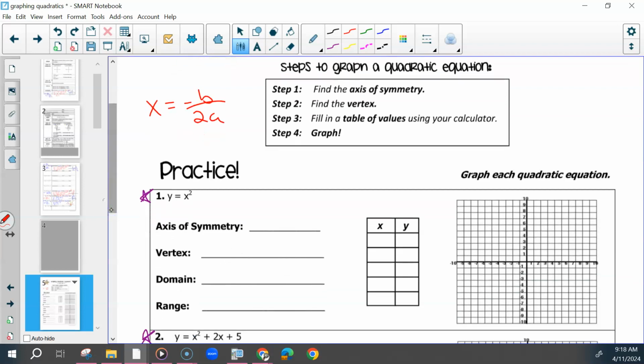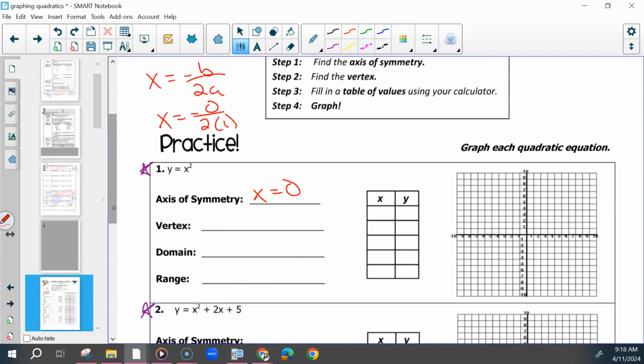And then in example 1, in order to set up my axis of symmetry, what is that going to be? What would our axis of symmetry be? X equals 0. And then if I put 0 into the equation to find y, what is our y value?